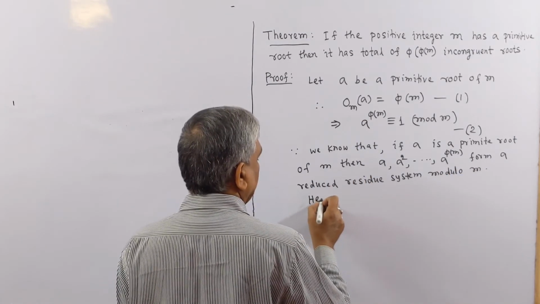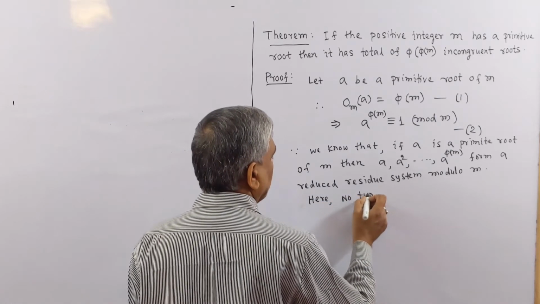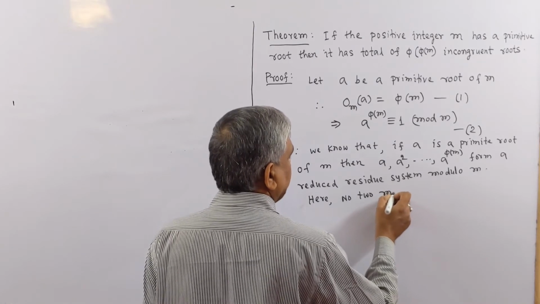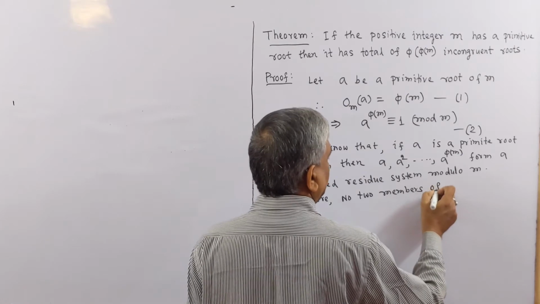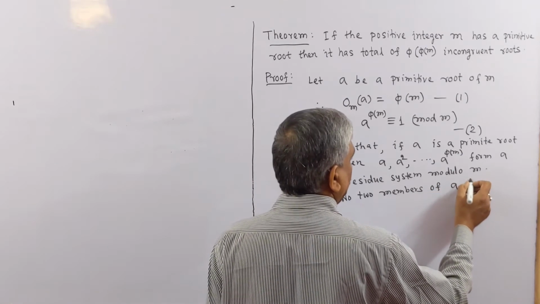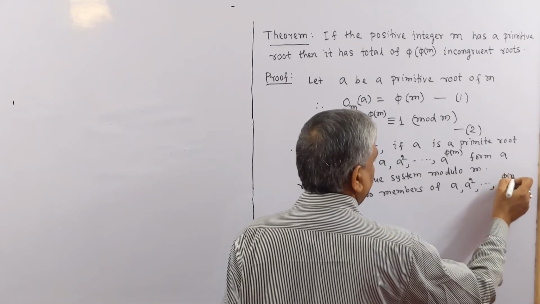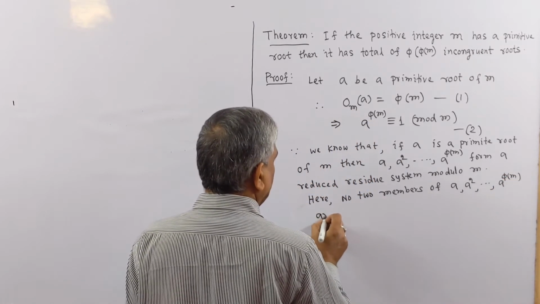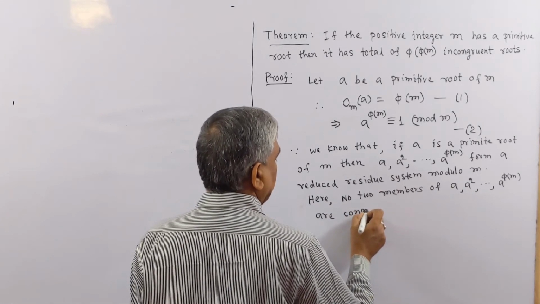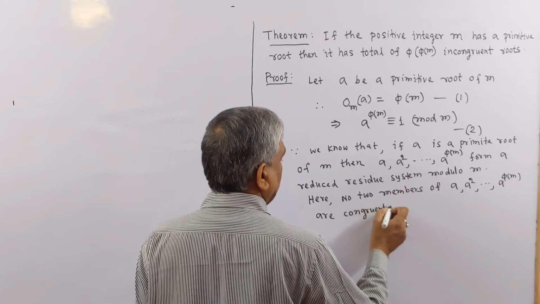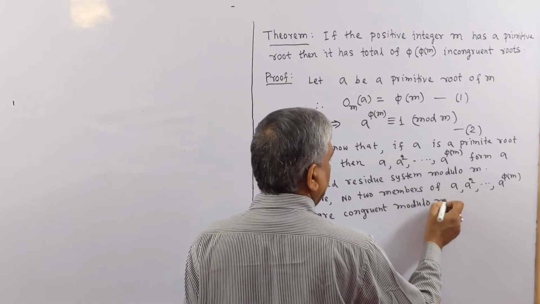Here no two members of a square, ..., a to the power phi m are congruent modulo m.